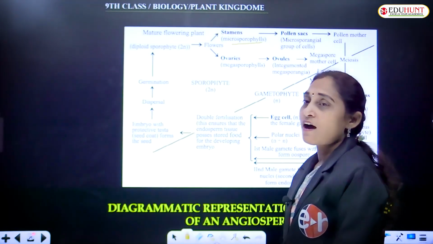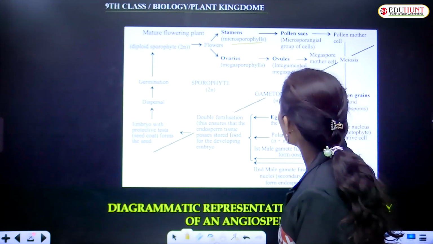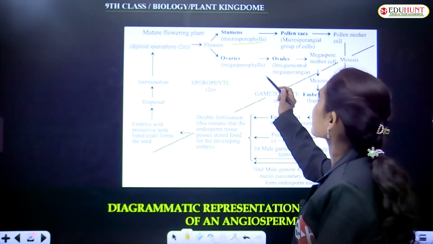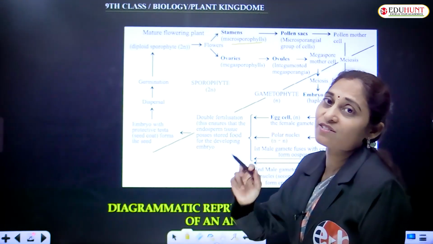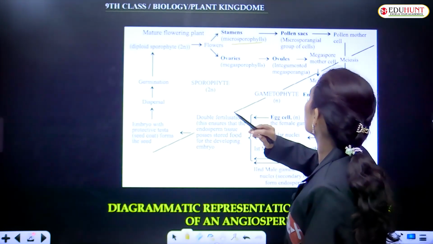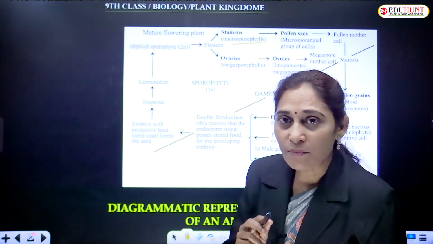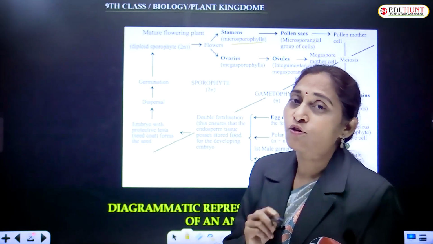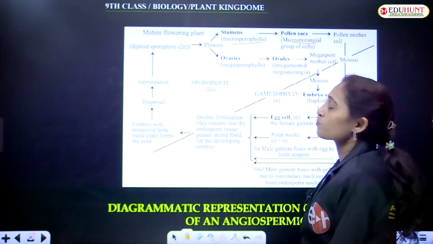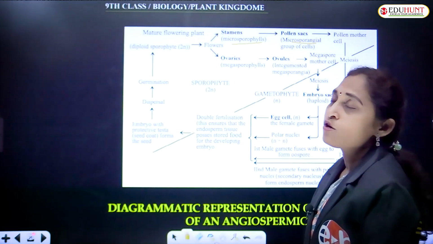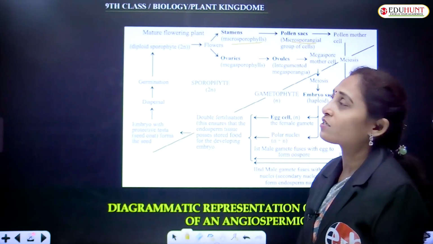Here ovaries are present, which are similar to megasporophylls, and pollen sacs are produced in the stamens, especially in the anthers. The pollen sacs are similar to microsporangia. The microsporangia produce microspore mother cells, or microsporogenous tissue.